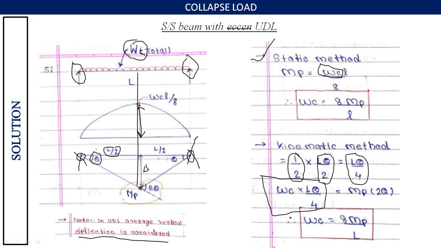As it is symmetrical, the value of theta will be the same, so the right side theta plus the left side theta will be 2 theta. By solving and making the collapse load the subject, the value of collapse load will be found as 8 MP by L.